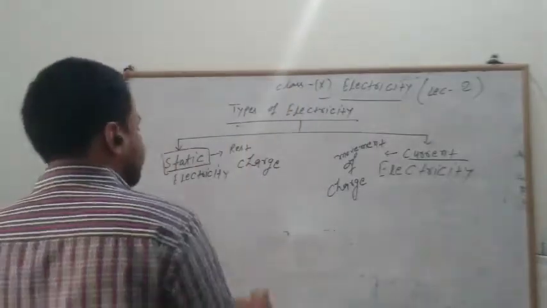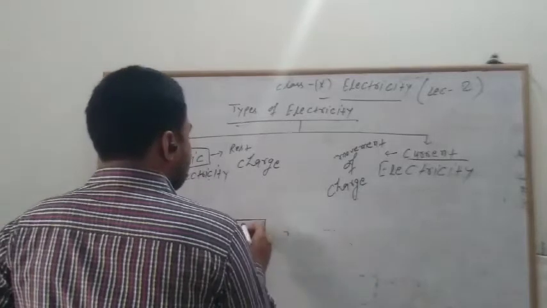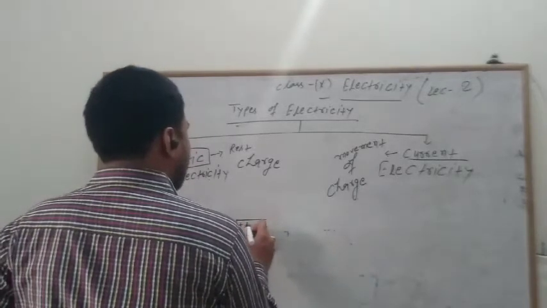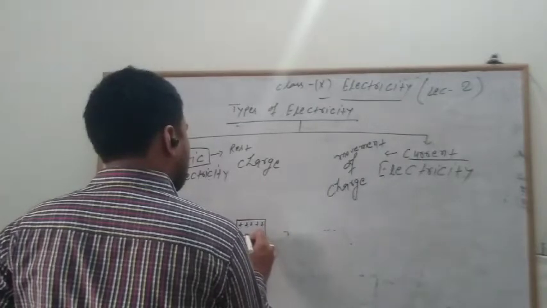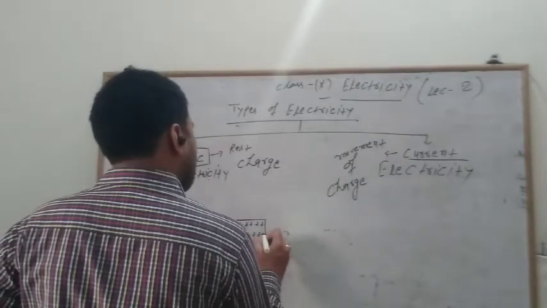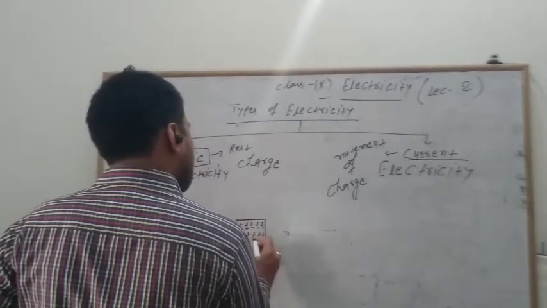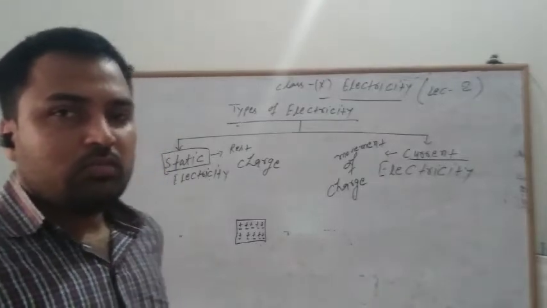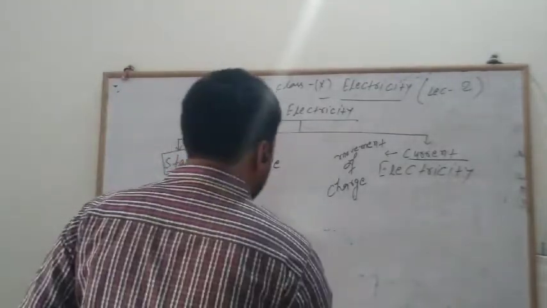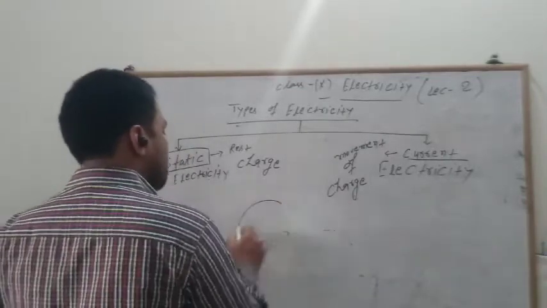Okay, so consider these materials, and they have an equal number of positive charges as well as an equal number of negative charges. So we make this figure bigger. Here we take an example.